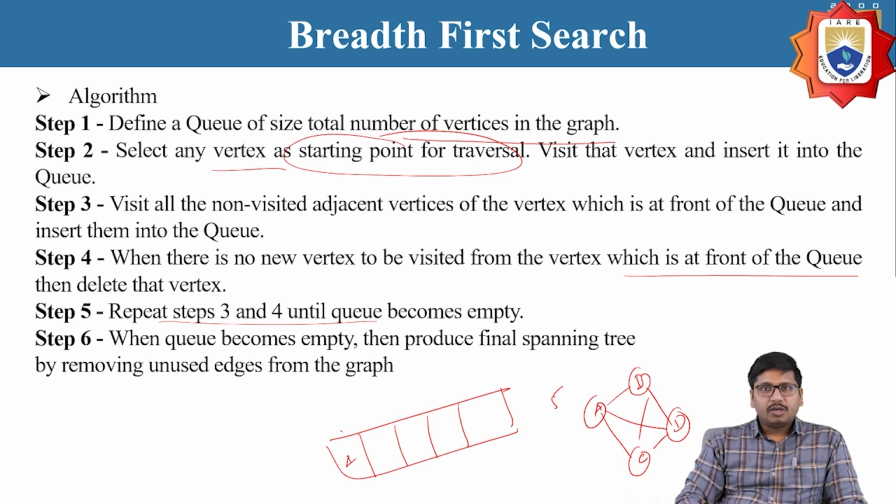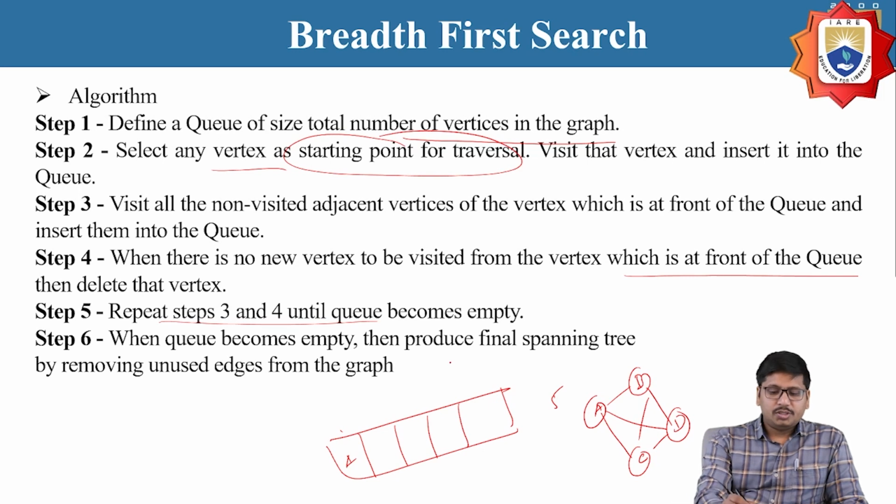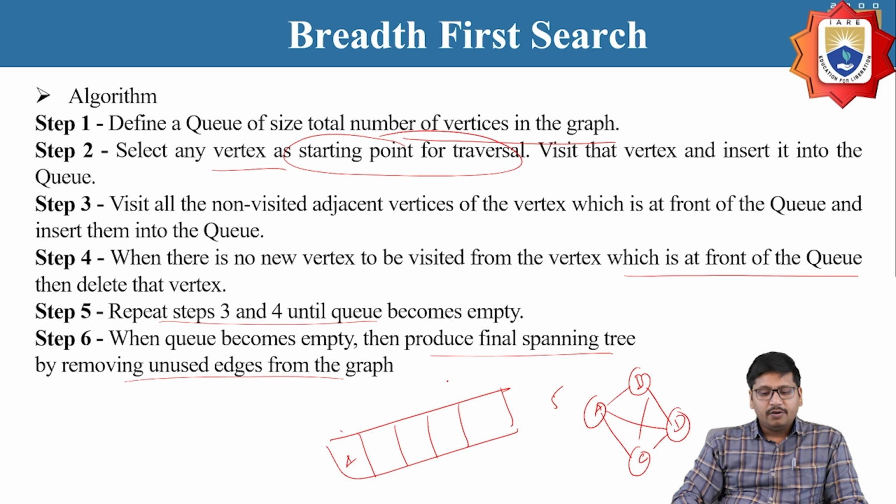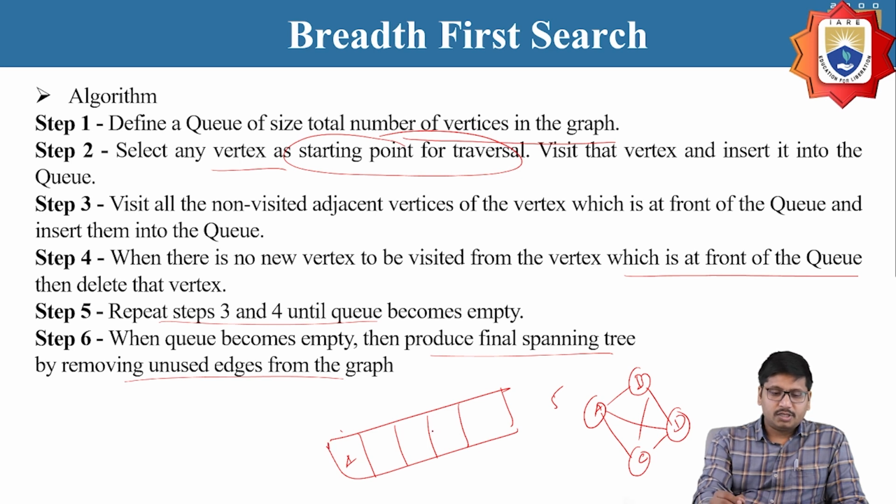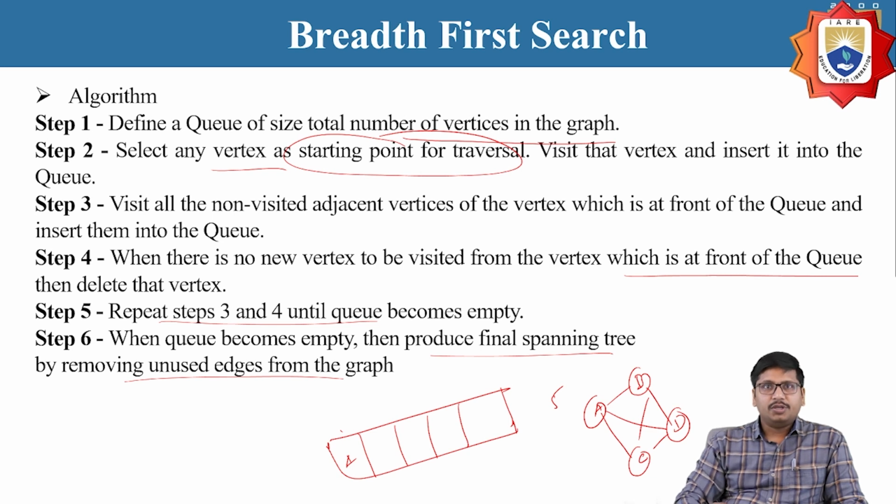Whenever the queue becomes empty, produce the final spanning tree by removing the unused edges from the graph. To implement breadth first search, a few data structures are needed. Initially define a queue of the total number of sizes, select a vertex as the starting point, then visit the vertex and insert it into the queue.